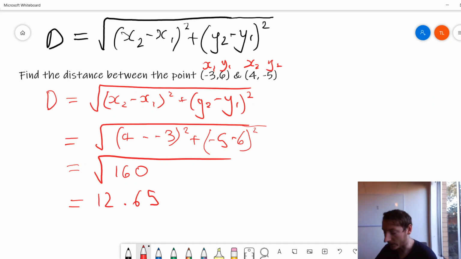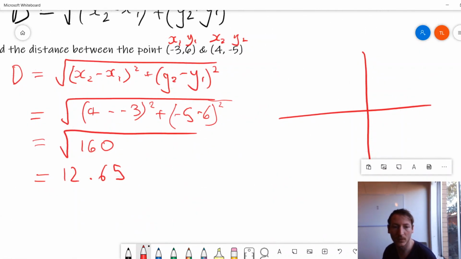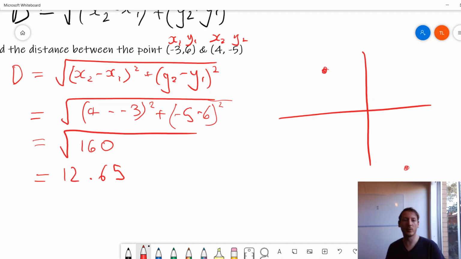Now, let's quickly sketch to the side what this would have looked like if we had done it physically on the Cartesian plane. We go back 3, up 6 for (-3, 6), and across 4, down 5. So we would be finding the distance between those 2 points.